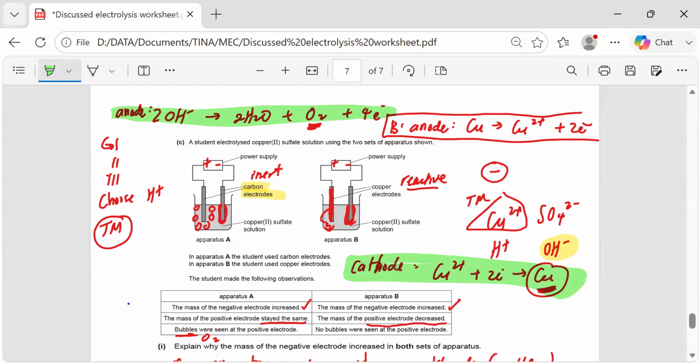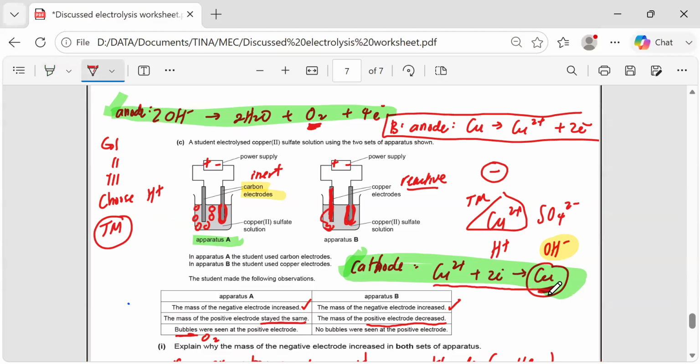Overall, in apparatus A, this equation and this equation is apparatus A. The copper ions in the solution are becoming more or becoming less? Less. Because copper ions are taken away to form copper. So in the solution, there is less and less copper ions.